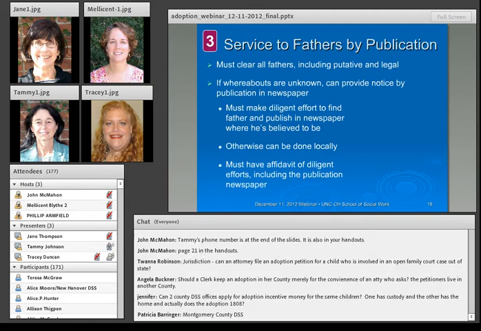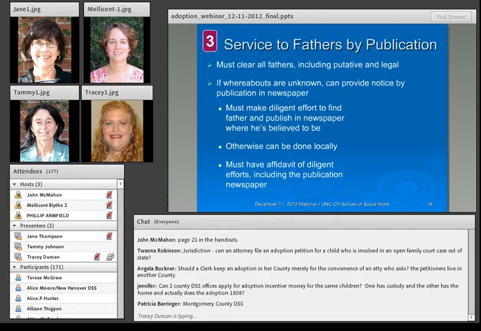A lot of times they publish locally where the petition is filed, but I always have a question where that's concerned, because a mother certainly most of the time knows where the child was conceived, so that's a good chance that's probably where the father is. But that is one thing that takes a lot of time.